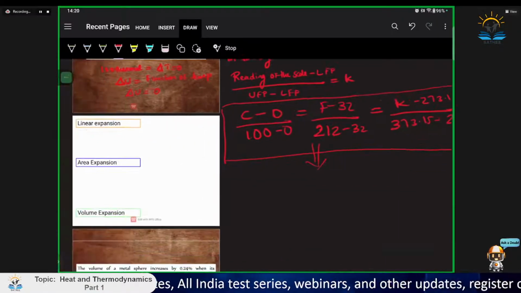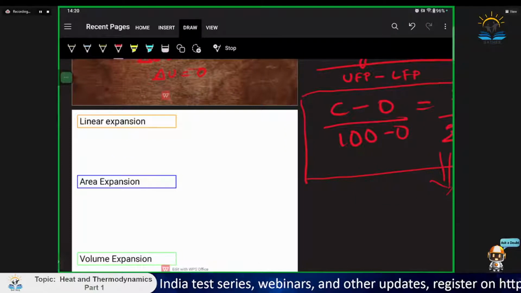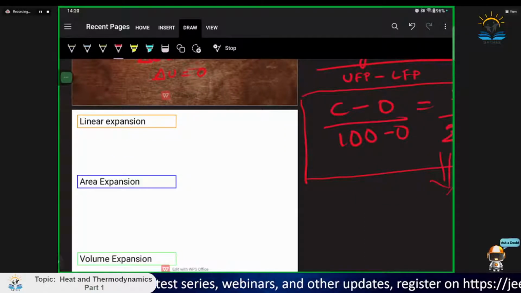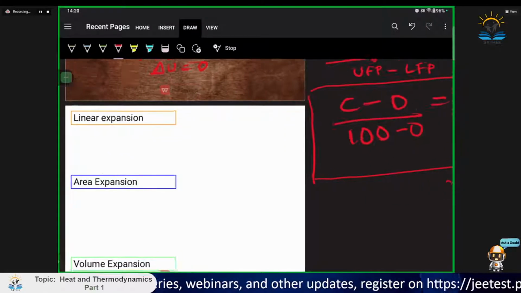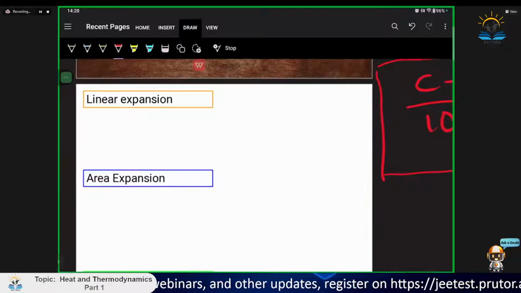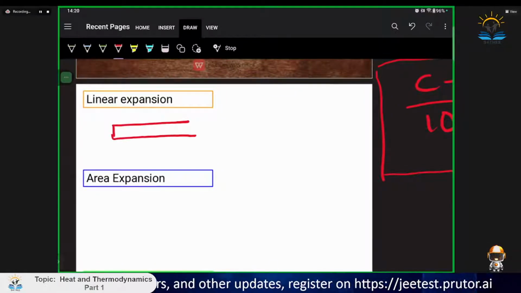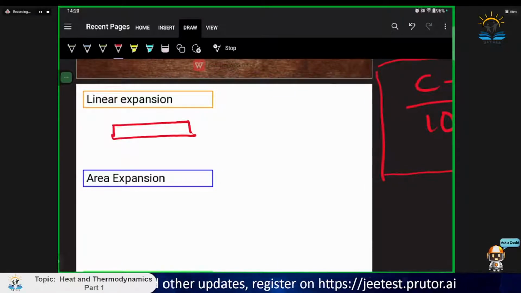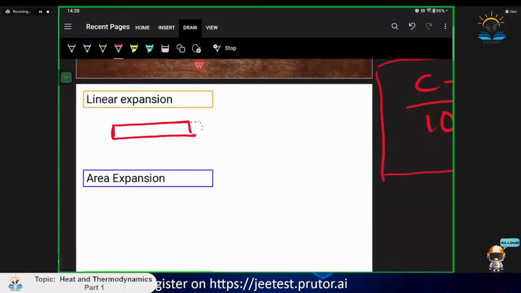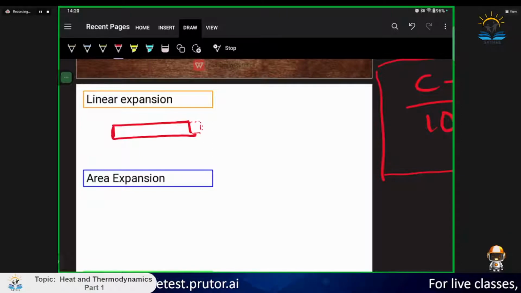Now we are moving to linear expansion. What is linear expansion? This is a rod. When we heat this rod, it will increase its length. That increase in length is called linear expansion.